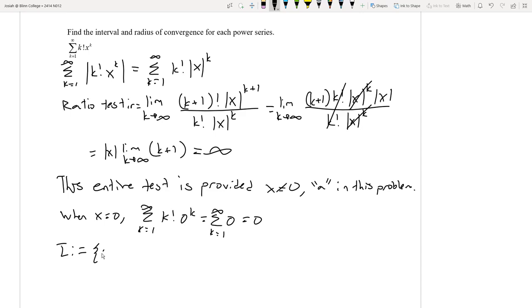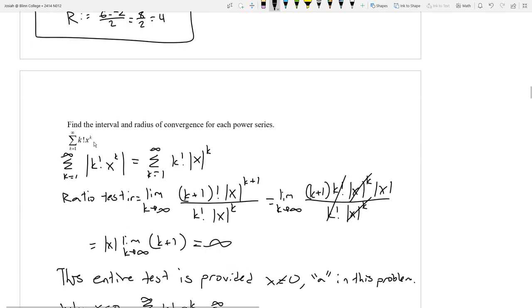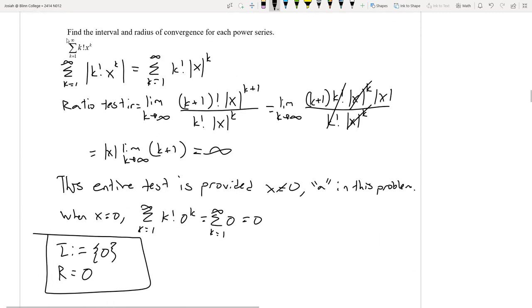So we'll go ahead and make a singleton, which is a set containing only one object in it. And our radius, since there is only one object in here, is 0. There's no space between the center and anything else. So that's our third option. There's no x that's sort of small enough to contain the divergence of this factorial unless we just use 0.